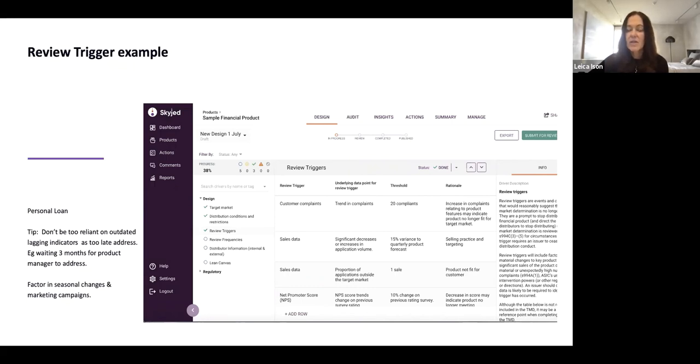So I've listed those down. I've thought those through really clearly, and I'm listing out a threshold. And in this example, I've listed out 20 customer complaints as the threshold, and I put a rationale around why I'm selecting that threshold and that trigger.